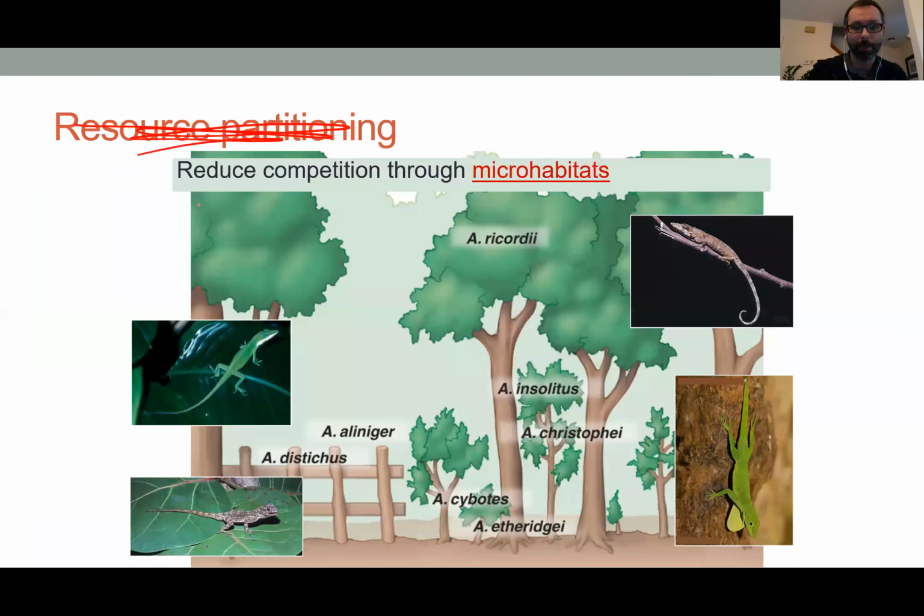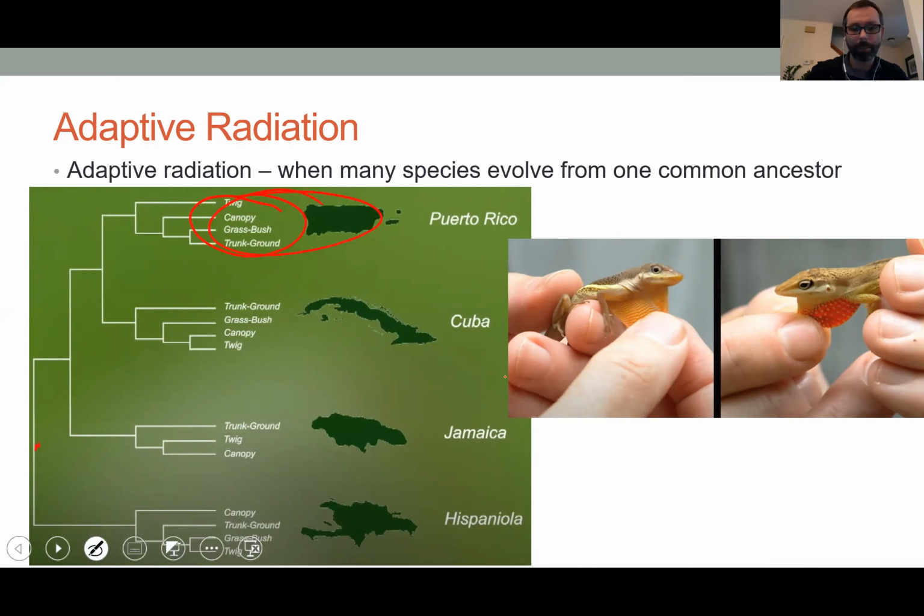Again, microhabitats meaning like the tree versus the trunk of the tree and things like that. But then this island has its own version of all the different lizards for the different microhabitats. And while they all look very, very similar, they're actually not that related. They're more related here to themselves than they are to the ones over here, even if they look the same. And that's because, again, they're all competing for the same basic kind of habitat, right?